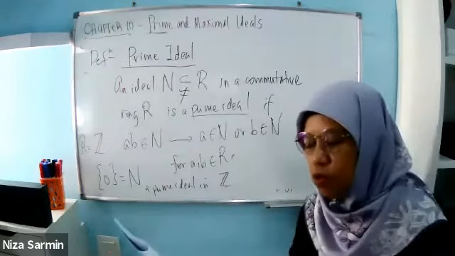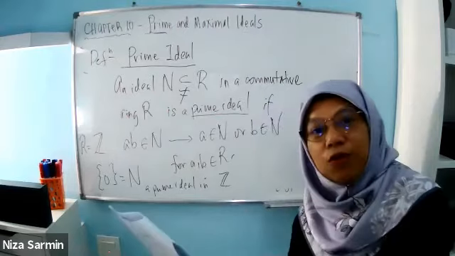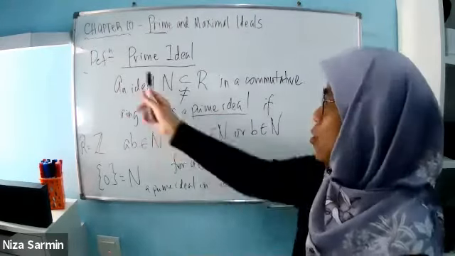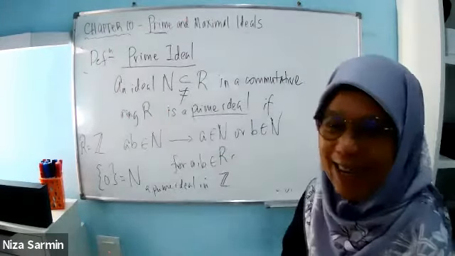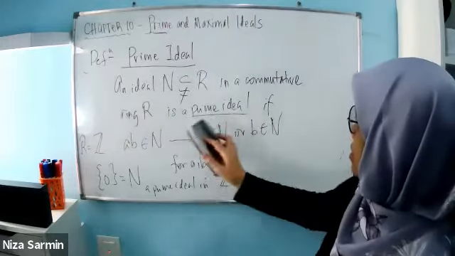Now we go back to my previous example Z12. I already erased it. I wish I didn't erase, but let's see. Okay.